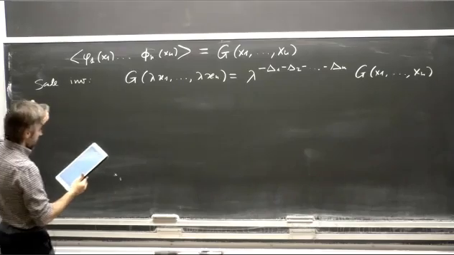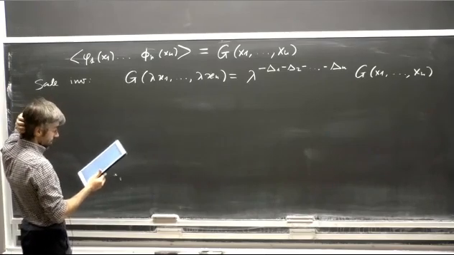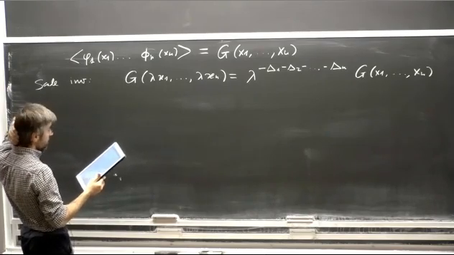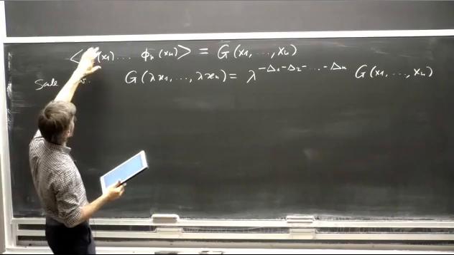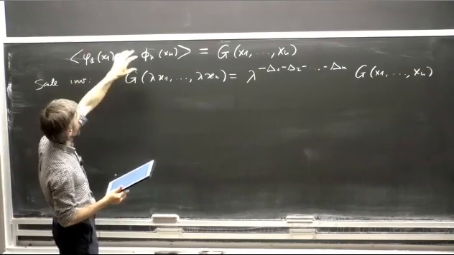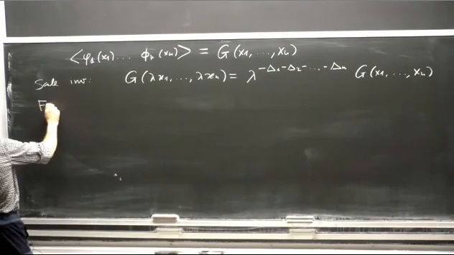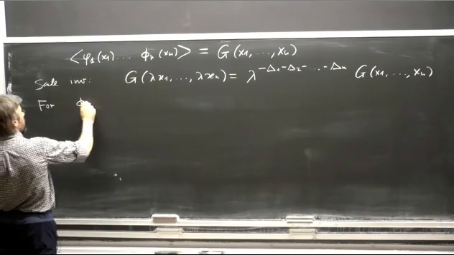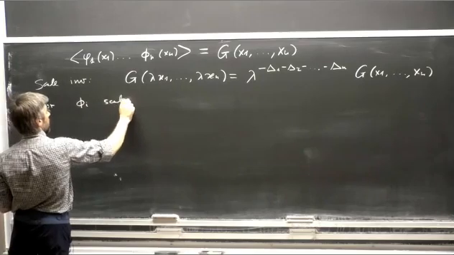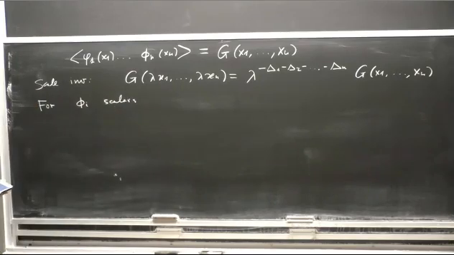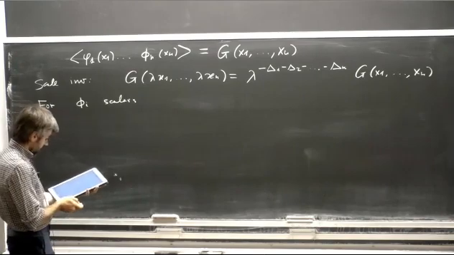So conformal invariance is going to generalize this as follows. Let me assume for the moment that all of these fields phi 1, ..., phi n are scalars. For phi I scalars, we will have the following relation.